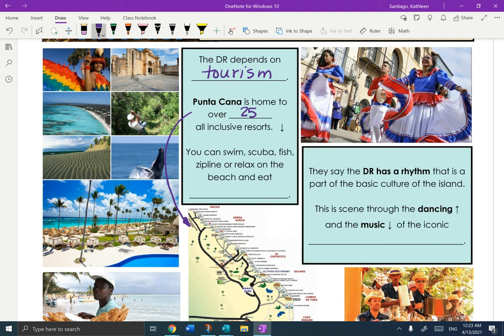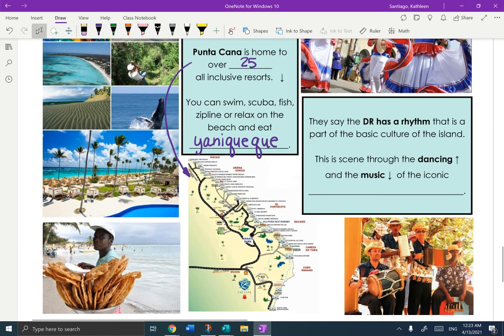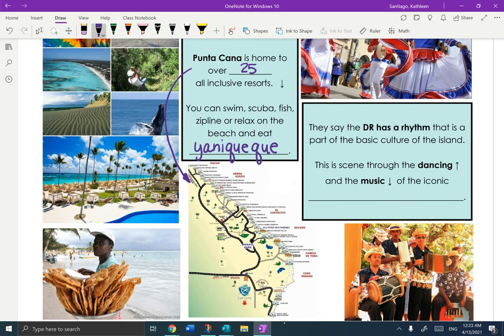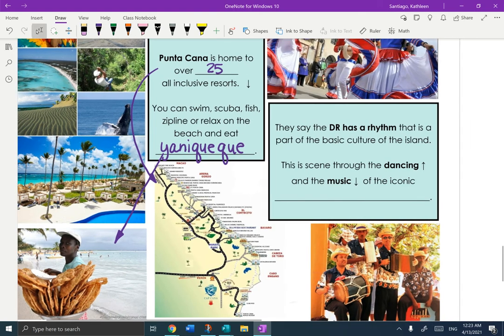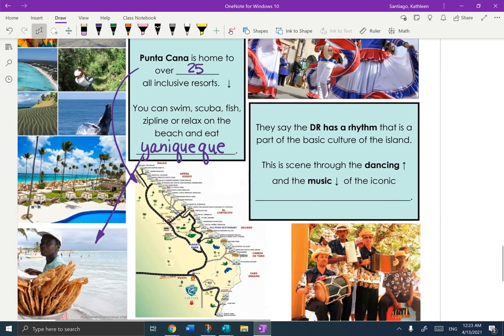In the Dominican Republic, especially in Punta Cana, you can swim, scuba dive, fish, zip line, or relax on the beach and eat some yani cake. Yani cake is this large, it looks like flat bread that is deep fried. So here is, we're going to cross over, yani cake being sold on the beach. I like saying yani cake.